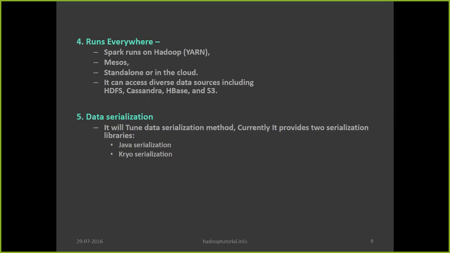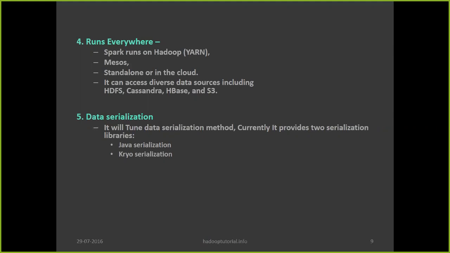In Spark, it uses the Kryo serialization. Serialization is nothing but converting your data into a binary format and storing that data in binary format. Why do we need serialization? If you have to transfer data from one node to another node, obviously the data should be in binary format.